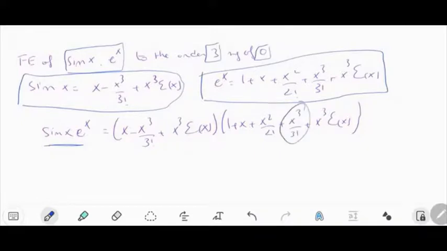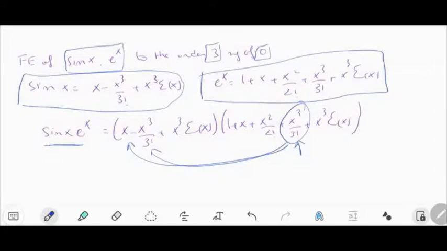Okay, this x³, it will be multiplied by x, it's x⁴, we don't need it. By x³, it's x⁶, sorry, we don't need it. So technically this x³ in here, we didn't need it, because all the terms obtained by multiplying anything by x³ gave x⁴ and plus, so they will be placed in the remainder. Why is it the case?